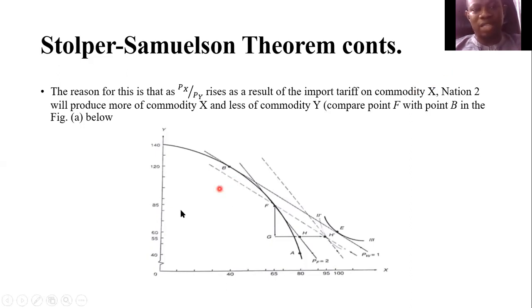We can graphically explain what we just explained above. We have position A and position B. Before, in the state of autarky, the country was operating at position B, producing 120 of Y and just 40 of commodity X. Don't forget that the country is capital intensive, and commodity Y is capital intensive.